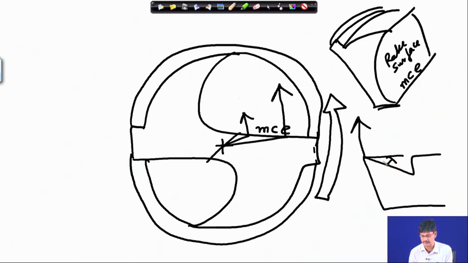It is moving away from the reference velocity, it is moving towards the reference velocity. Here for the drill, this angle is less than 90 degrees.